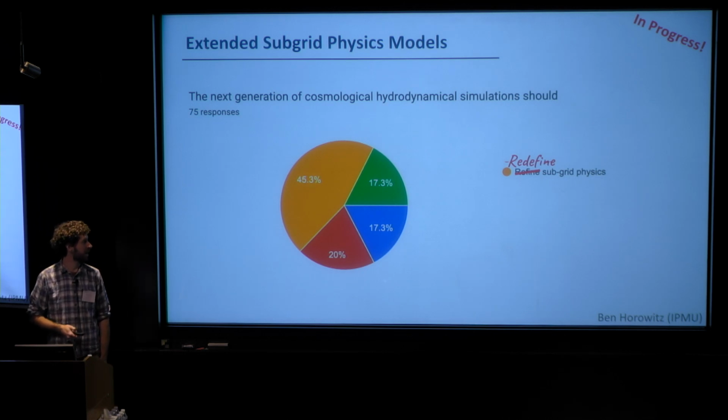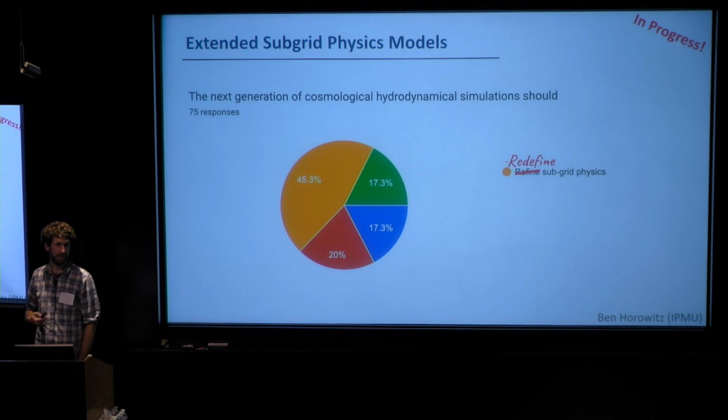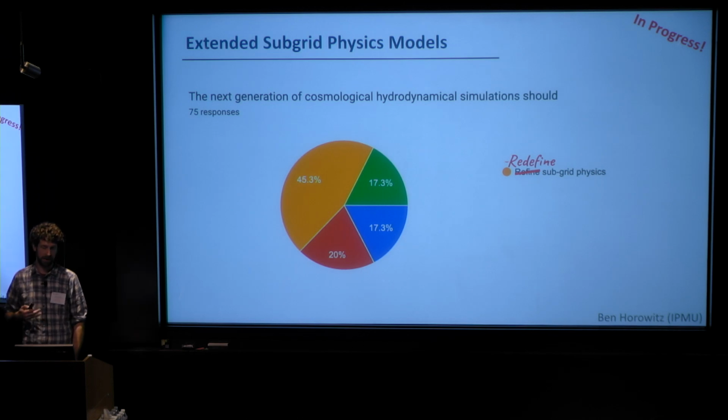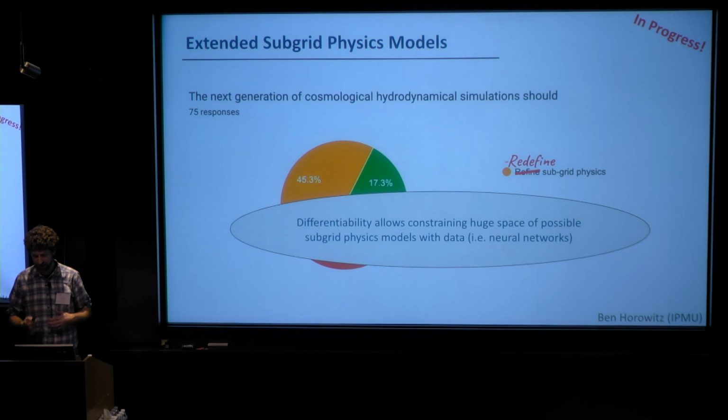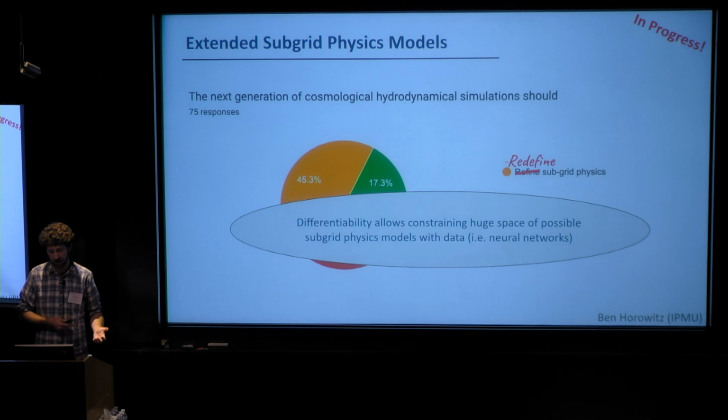But I think what's really powerful about this explicit solving of the physics is you can really introduce super expressive subgrid physics models. If you're in the ML space, you can imagine having the subgrid physics be a neural network. You can train the neural network parameters on running the actual simulations and comparing to observations.